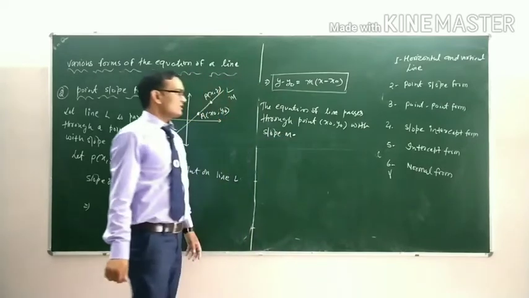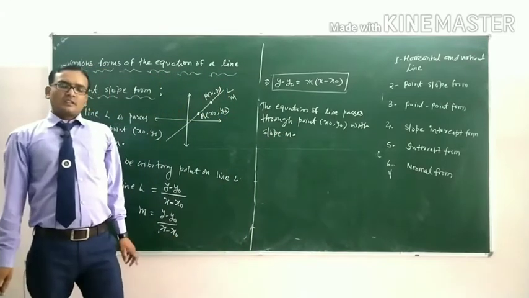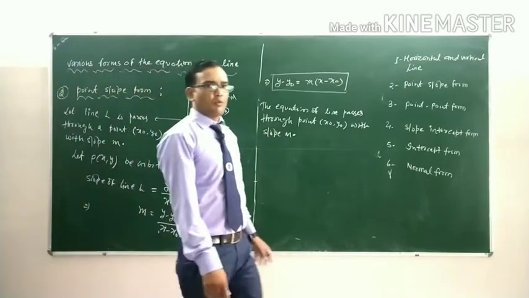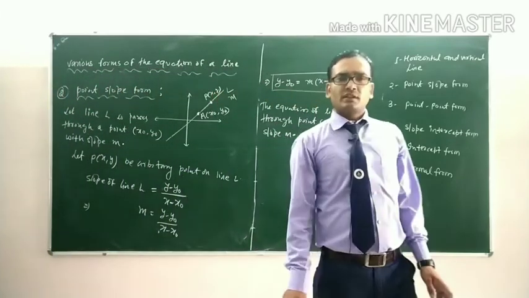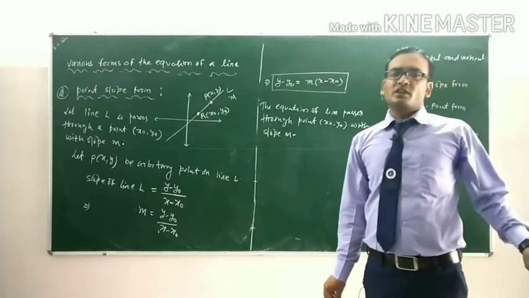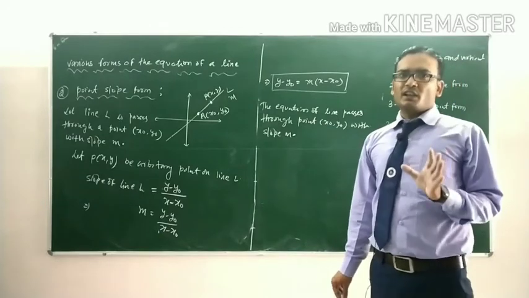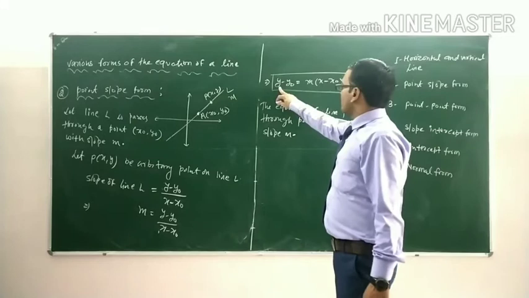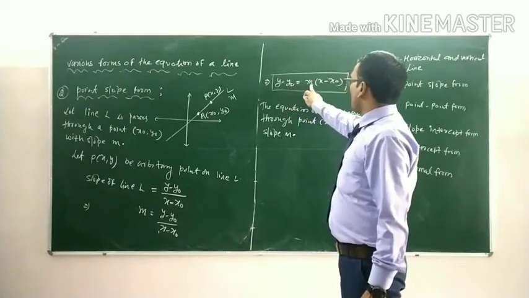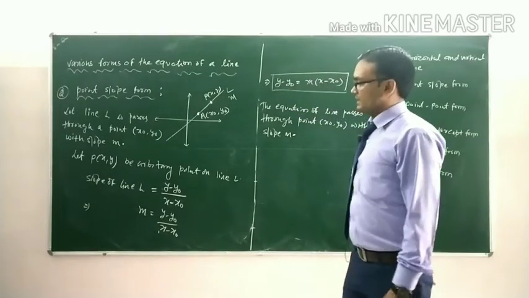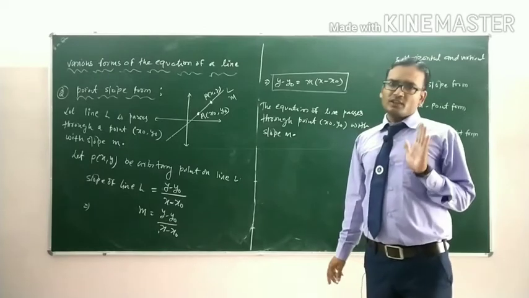Okay students, if a line passes through a point x0 comma y0 with slope m, then the equation of the line is y minus y0 is equal to m into x minus x0. Okay, you understand?